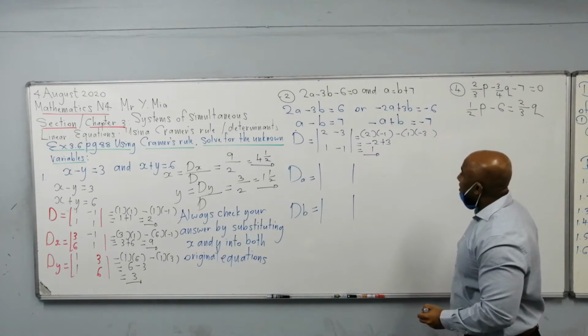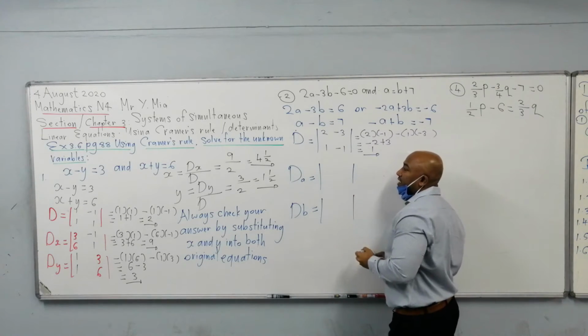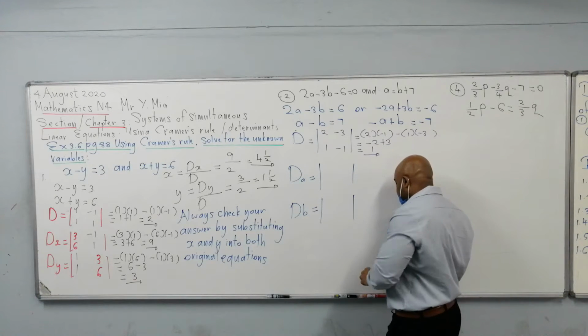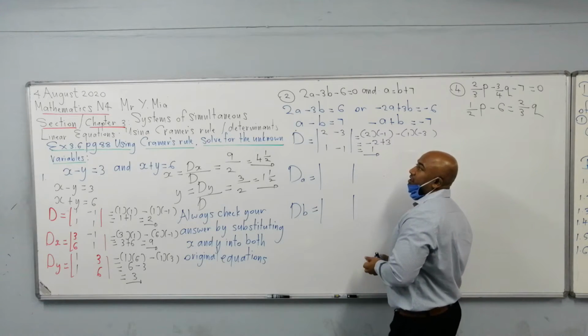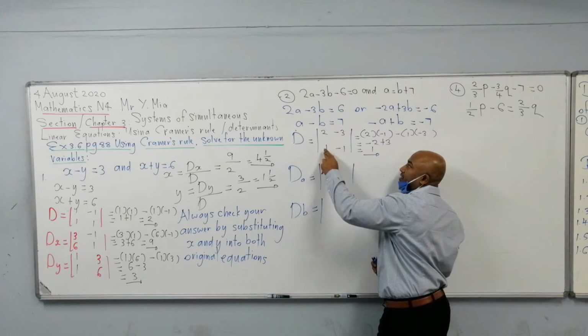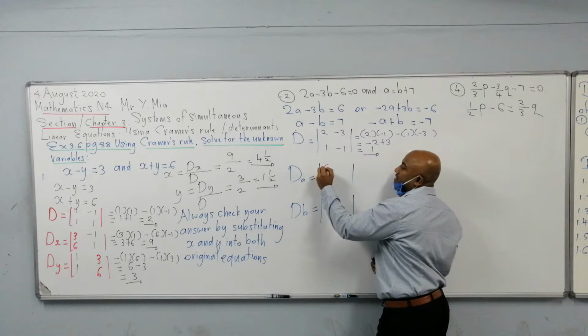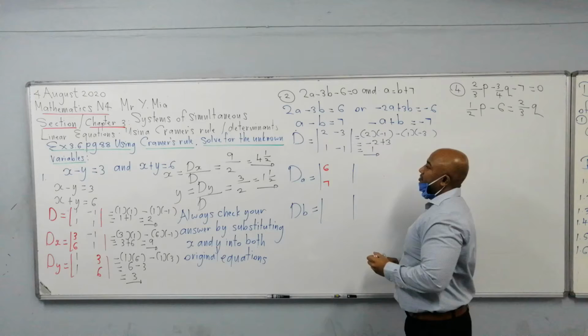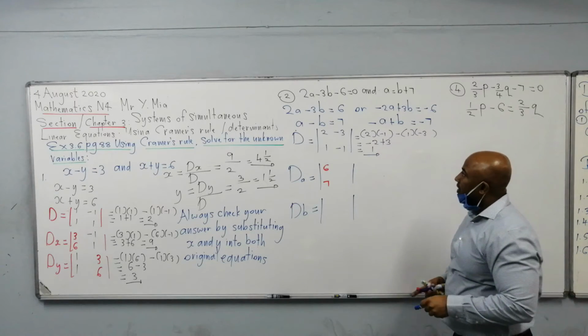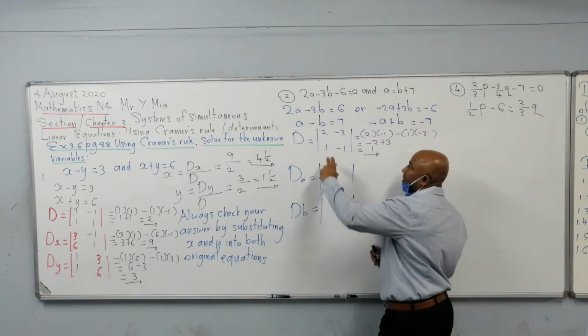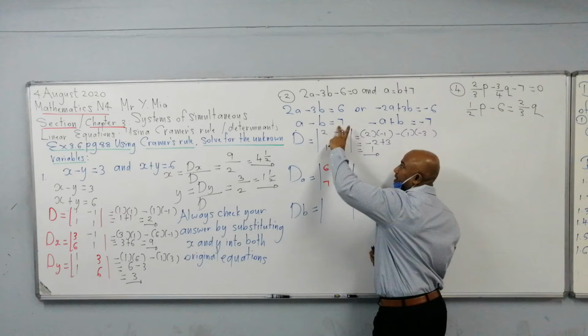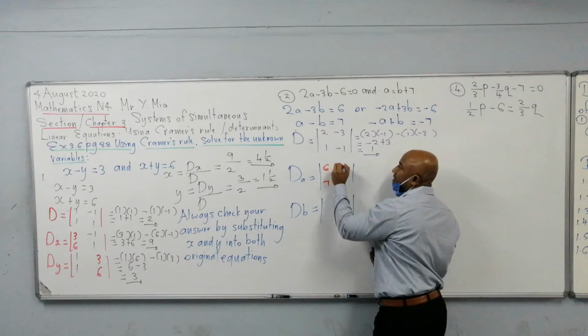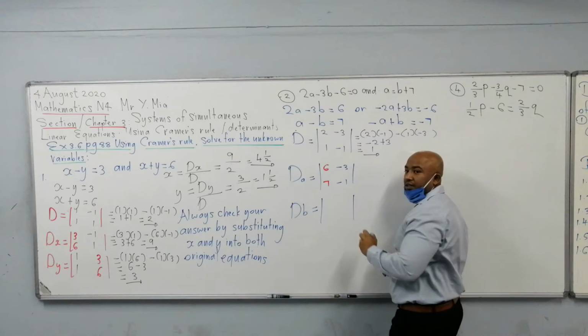Okay. Here, for dA, you're going to replace the A column, the coefficients of A, with the constants 6 and 7. Right, so you're replacing the A column, but the B column will remain the same, minus 3, minus 1.